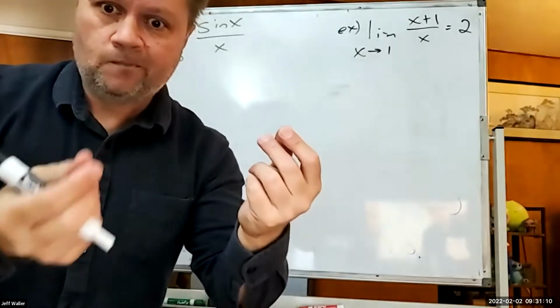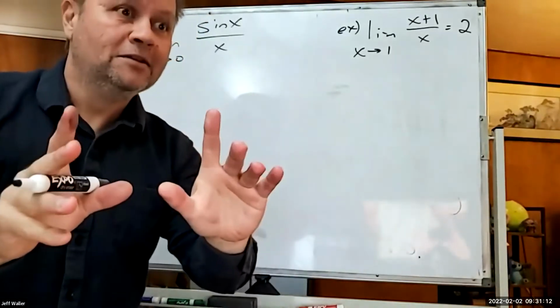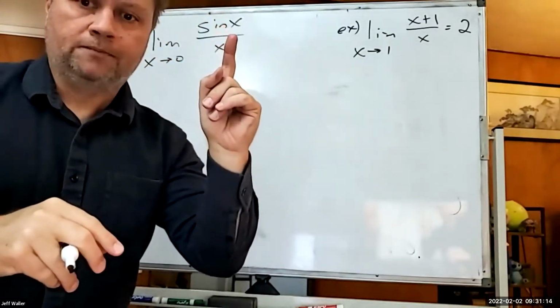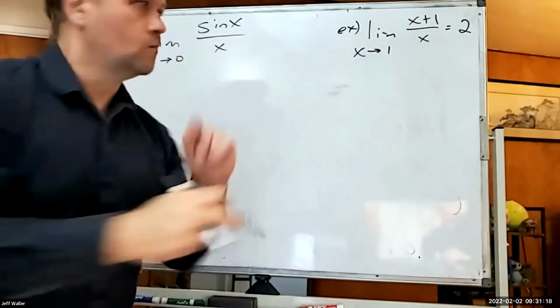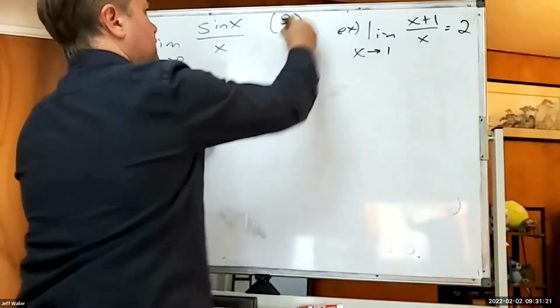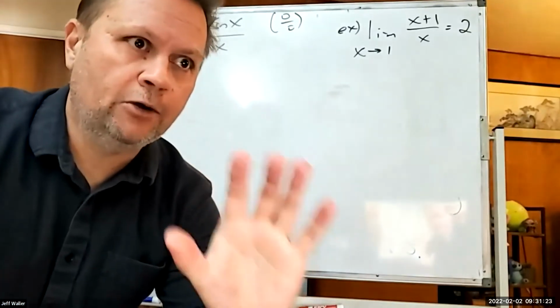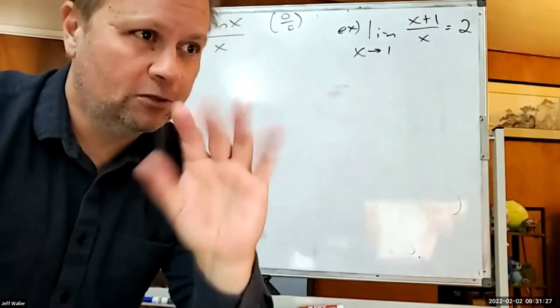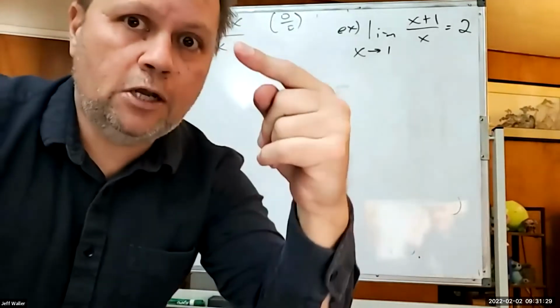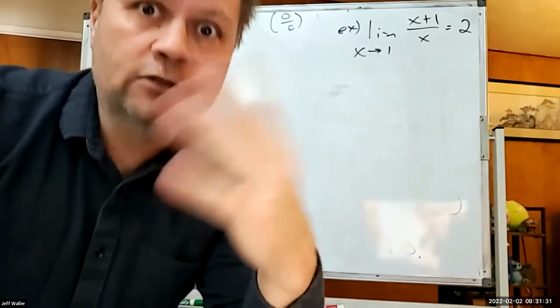But what's the numerator at 0? 0. Good. So think about this. Anything divided by 0 is some kind of infinity. That's not quite true, but we're going to show why. 0 divided by anything is what?